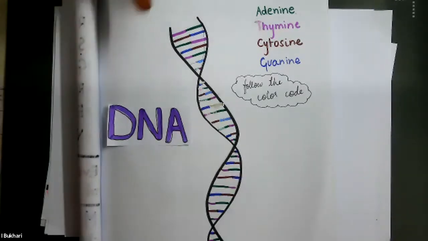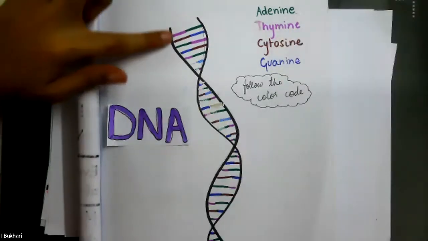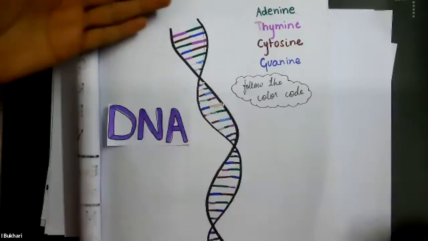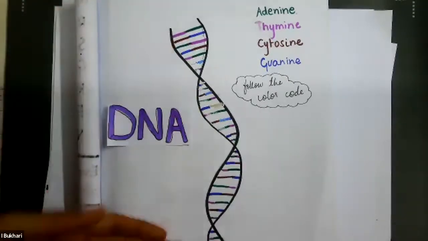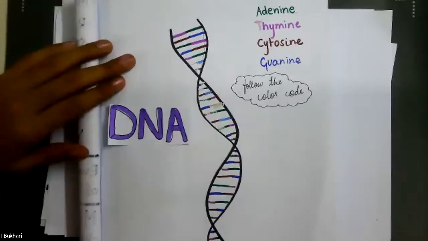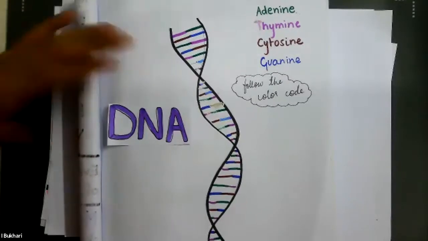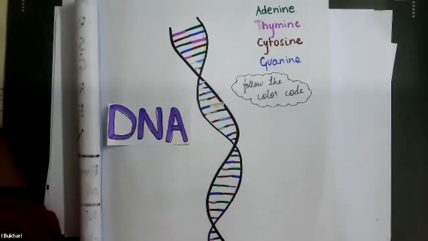But if the sequence, how they're put together, not paired, is different, then it's fine. That's actually what makes us different from each other, because we're all humans, but we do look different. Our personalities are different, and that's because the sequence of our DNA is different.